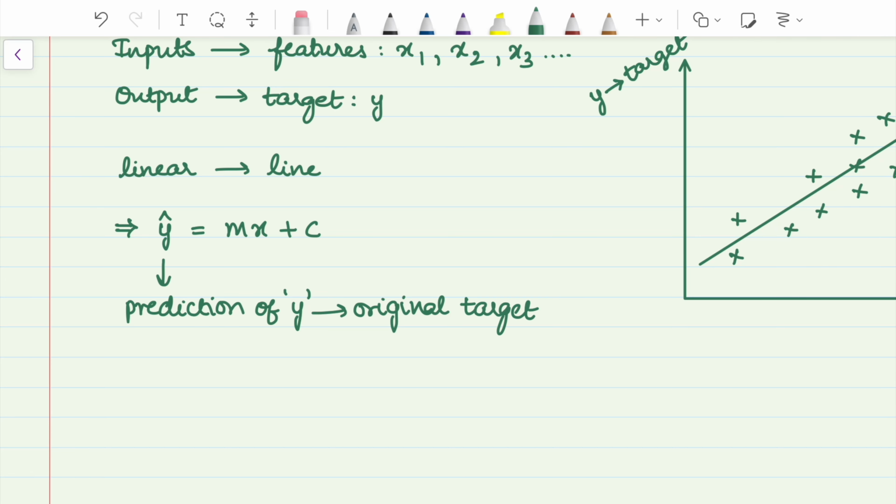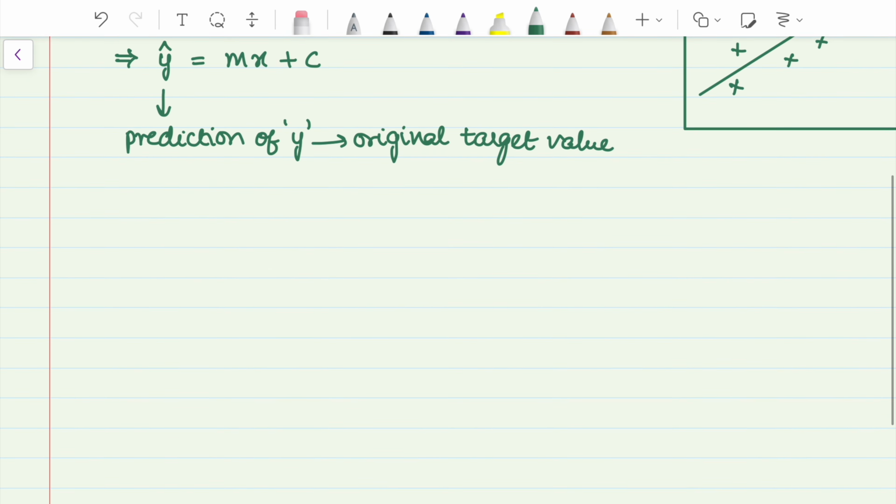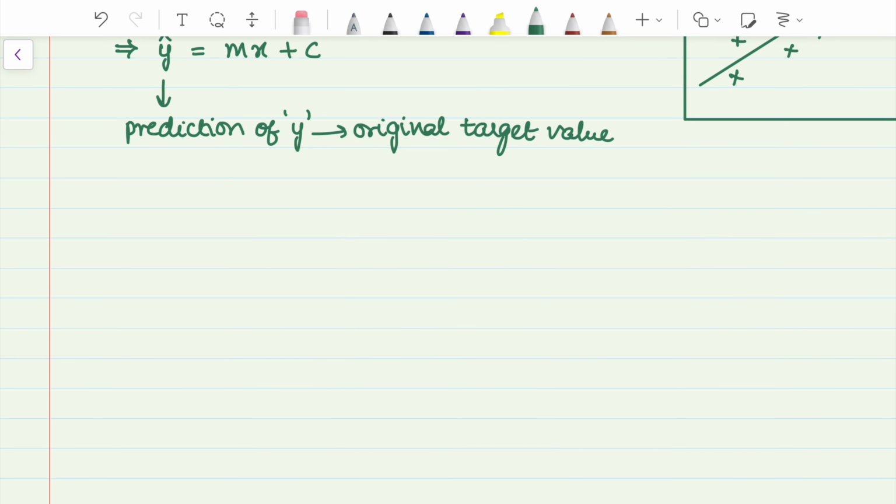Now, if you remember, we have assumed that we have a single feature. But what if we do have multiple features? In such cases, we can represent this as y cap is equal to m1 x1 plus m2 x2, so on, mn xn plus m naught. M naught here is the intercept.